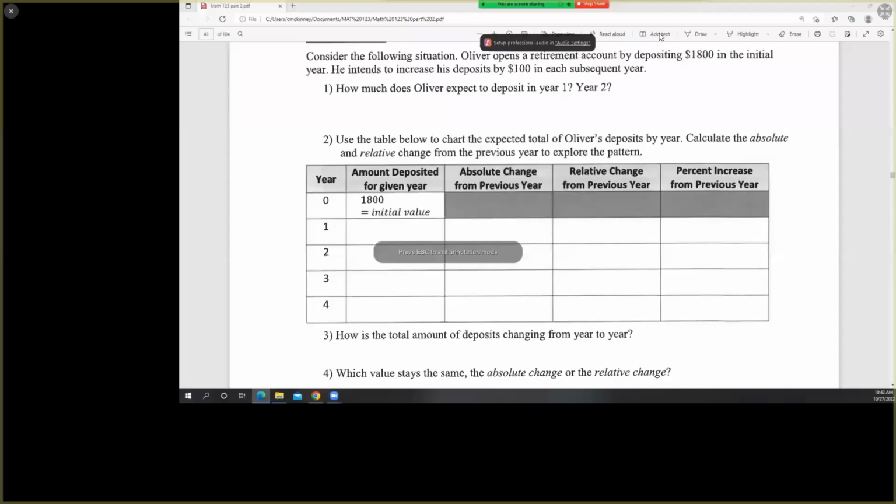So then in the first full year after, if he increases it by 100, he's going to put in 1900. And then the second year, increases it by another 100, he's going to put in 2000.